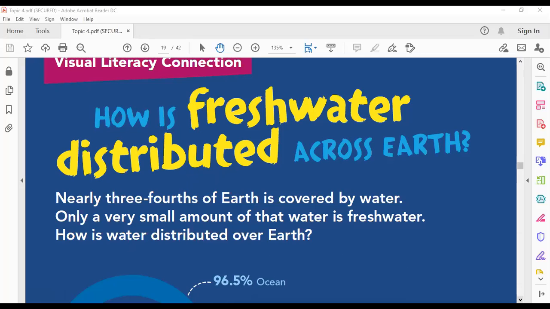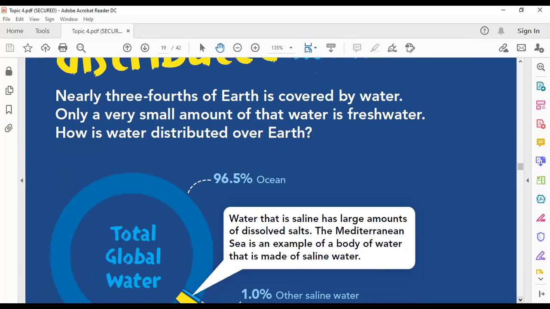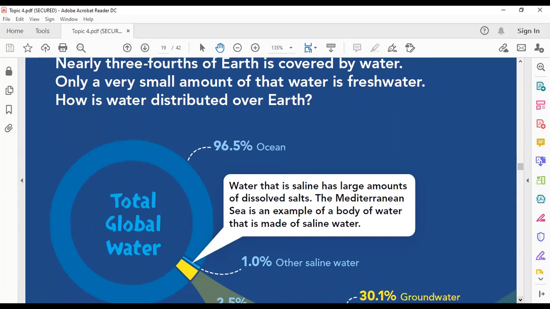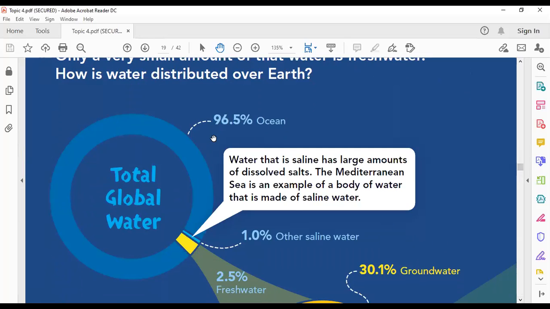Now in this page or in this picture, we see how water is distributed over Earth. Notice that 97.5, look, all of this water in blue color is salt water. Okay, 96.5% of water in the oceans is salty, and 1% is other saline water.